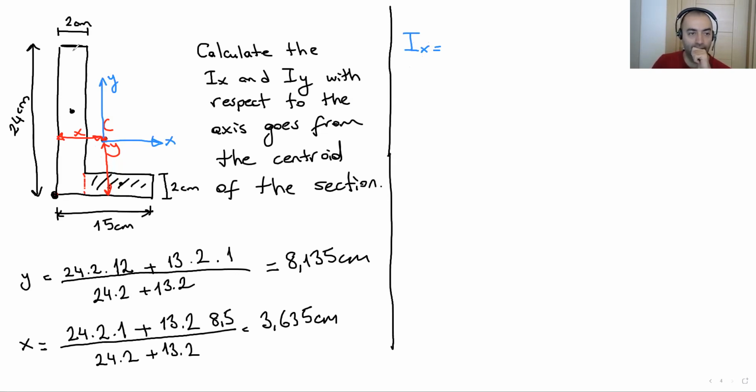So let's take a look to first shape, which is rectangle. We have a center point of this rectangle. We are gonna calculate the moment of inertia according to this point.